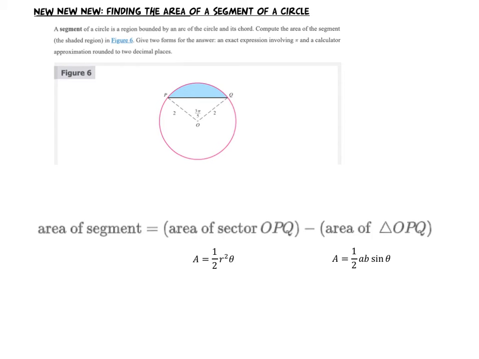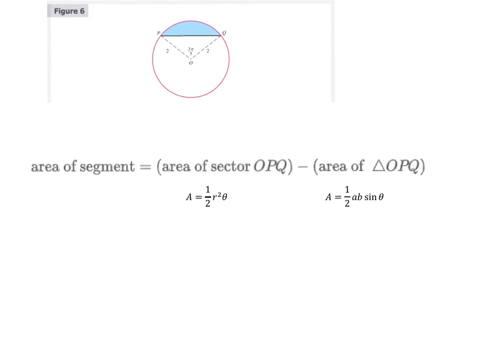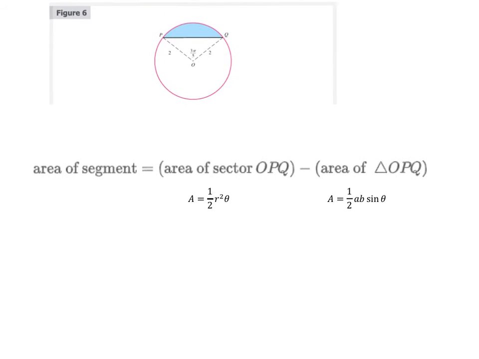So the main thing I'm finding, like it said, is that blue shaded region. So there's a nice formula that we can follow from there. Area of a segment will equal the area of the sector minus the area of that triangle.